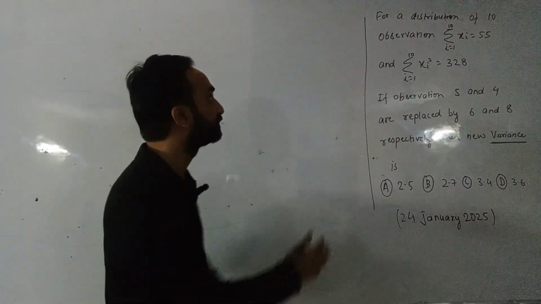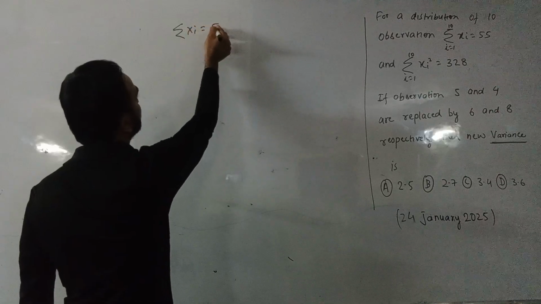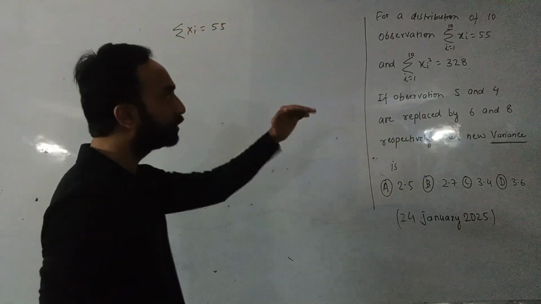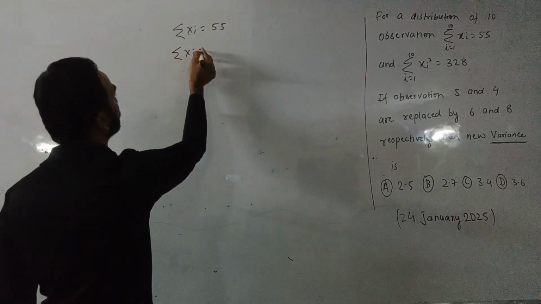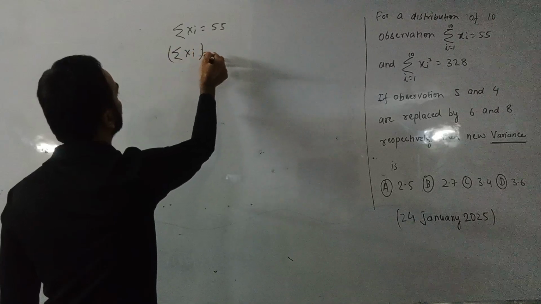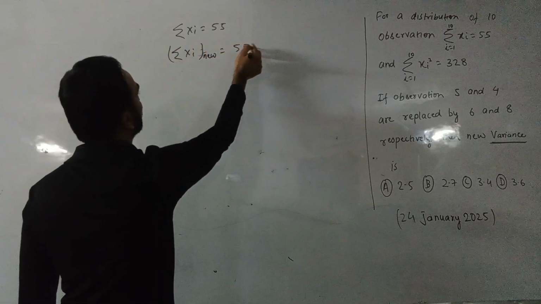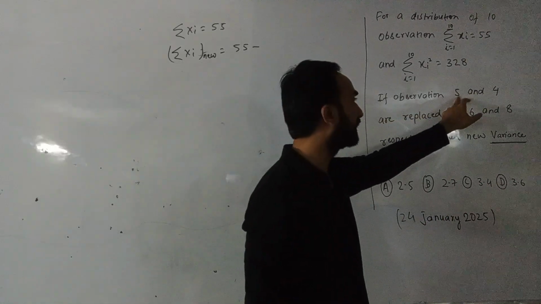Okay. So just see, the summation of xi is given as 55, but the new summation of xi, if I have to find it, I will do what? The new summation of xi will be 55 minus whatever has to be replaced, 5 and 4.